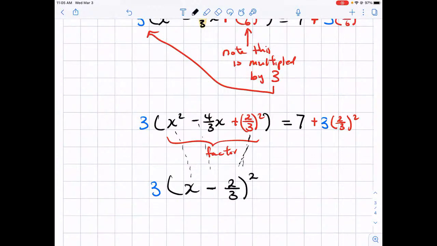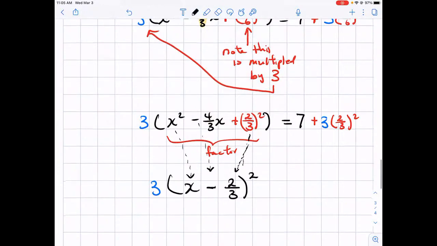That's the whole idea. And then on the right side, we just simplify. So we have 7 plus 3 times 4 over 9, because 2/3 times 2/3 becomes 4 over 9.